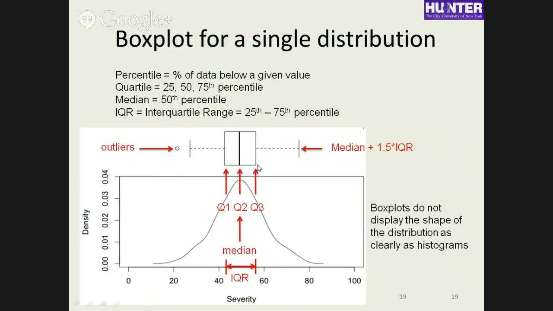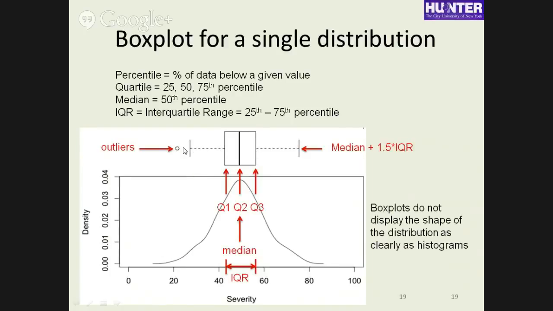And the third quartile is where 75% of the observations fall below it, and 25% would fall above it. This difference between the first quartile and the third quartile we call the interquartile range, and it's a measure of spread of the data.